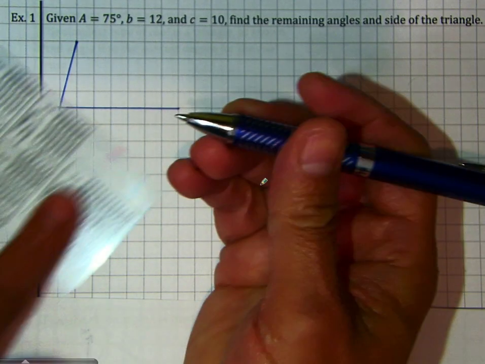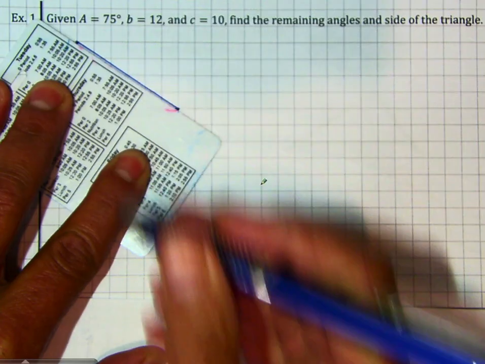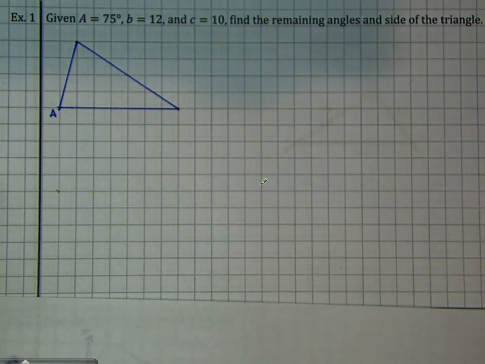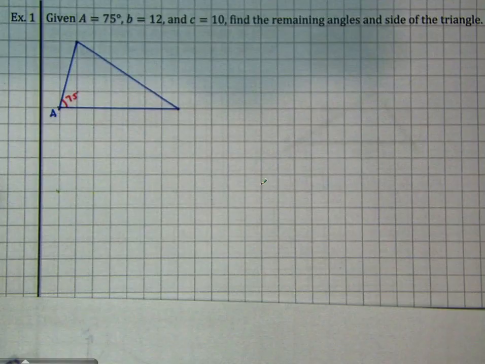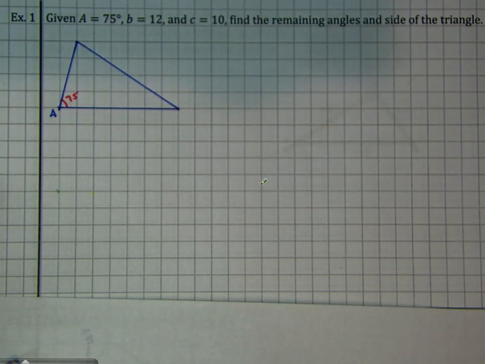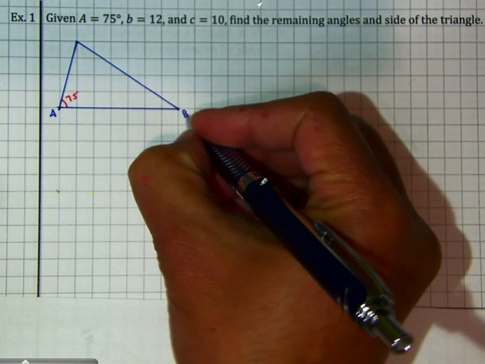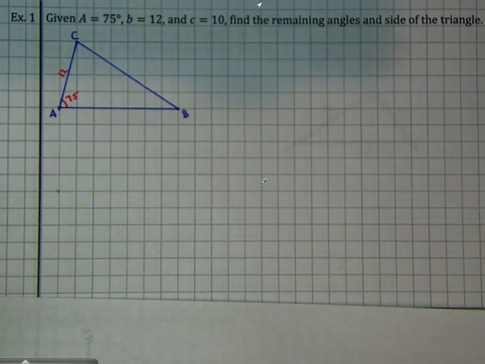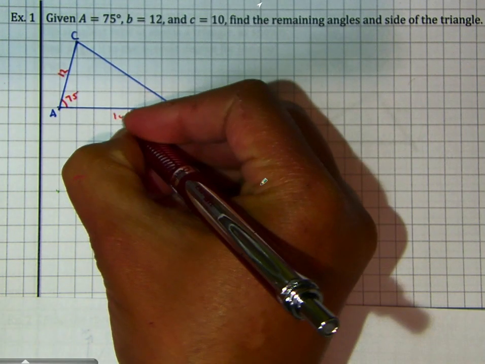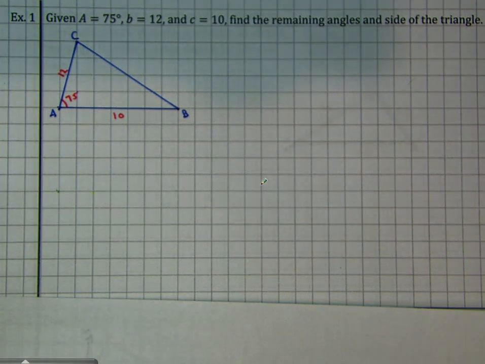It's difficult to make it accurate from the very beginning because we have angle A to be 75. Then we have angle B and angle C. B is 12 and C is 10. So notice that in this case my C is much longer than my A, and that should not be the case, but that's fine at this point.